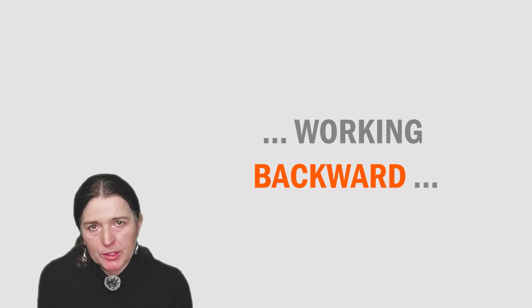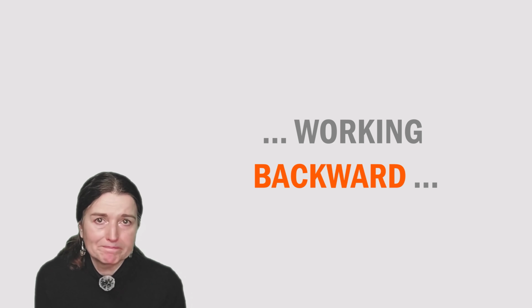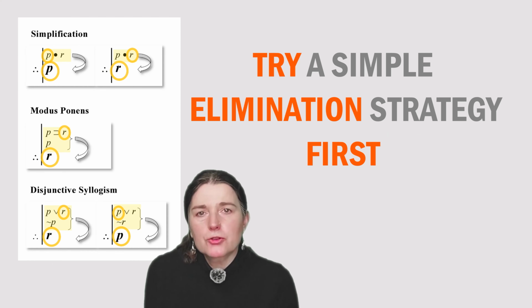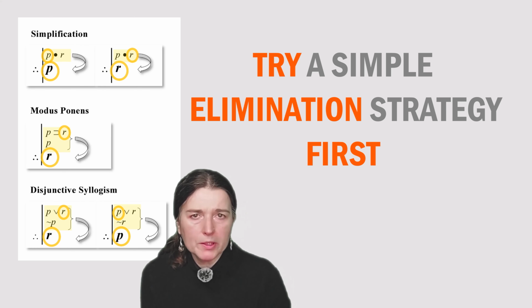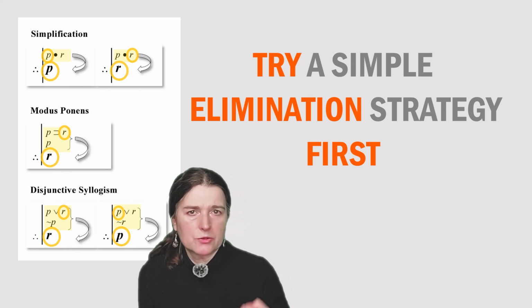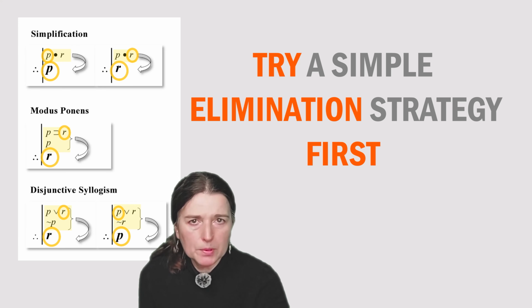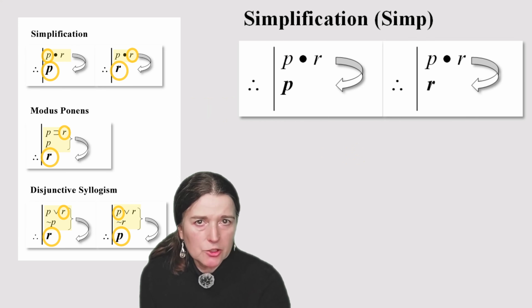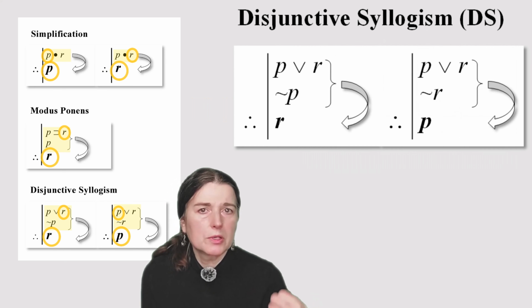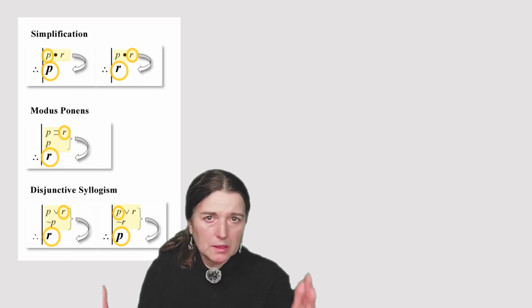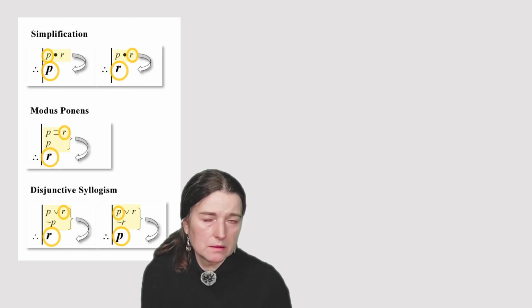When working backward, it's good to use the following rules of thumb. First, try to apply a simple elimination strategy. So when you know that you need a certain proposition, try to see whether you can apply either simplification or modus ponens or disjunctive syllogism in the proof to obtain the proposition.